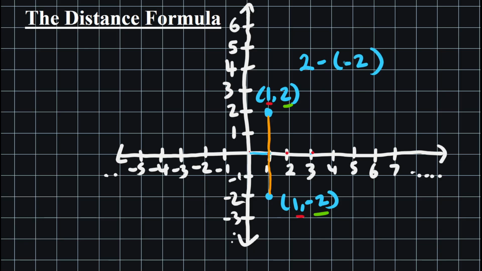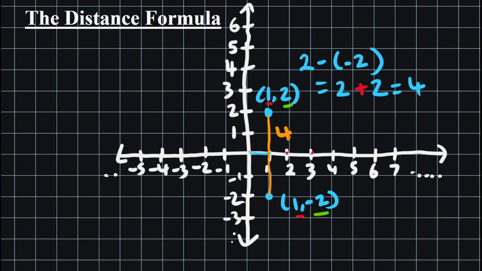And what's 2 minus -2? What's a double negative? 2 minus a negative number? That's the same thing as 2 plus 2. So that is 2 plus 2. And that gives you 4. 2 plus 2 is 4. So the length of this line, the distance between these 2 points is simply 4.